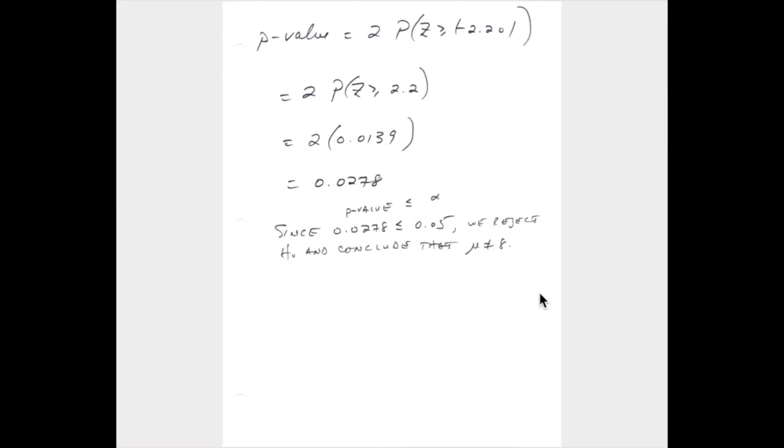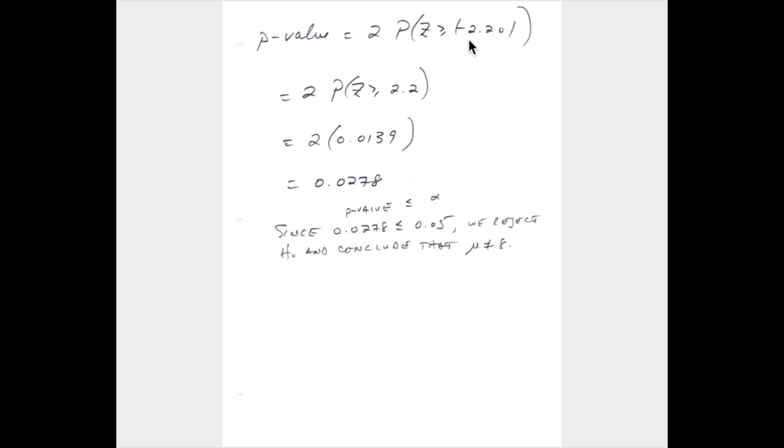Okay, so going back to the previous example, the previous hypothesis test, what is the p-value for that test? Well, this was a two-tailed test, so the p-value is 2 times the probability that the standard normal random variable Z is greater than or equal to, and I hope you can read my writing here, these are supposed to be vertical absolute value symbols, okay?